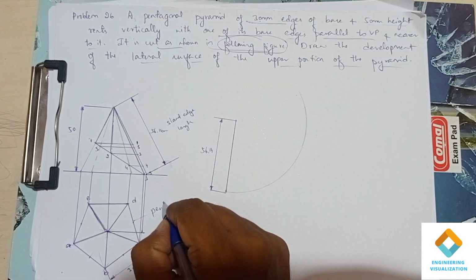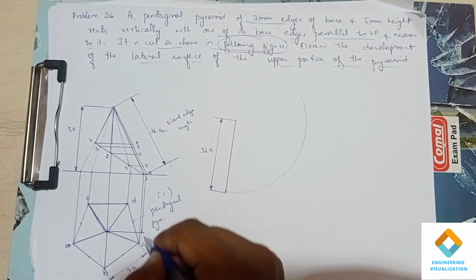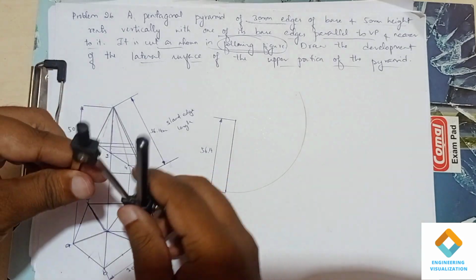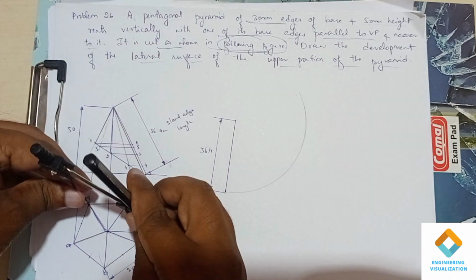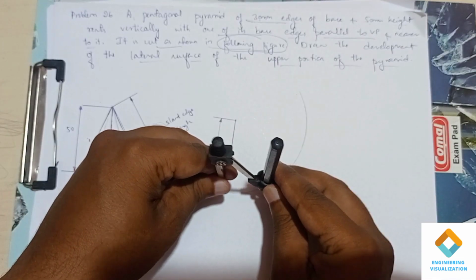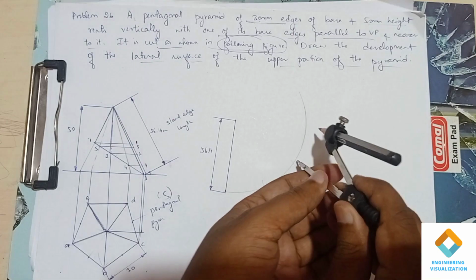A pentagon is made up of 5 edges, so I need to consider this 30 mm and cut 5 arcs here. So measuring that 30 mm from the diagram only, cutting the arc, total 5 arcs, I need to cut using compass here.